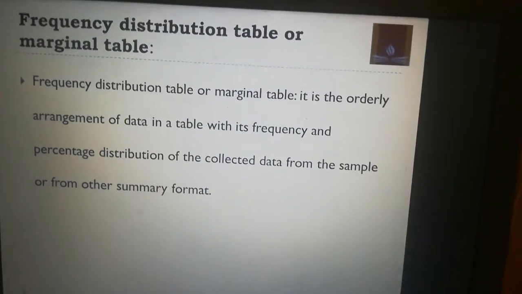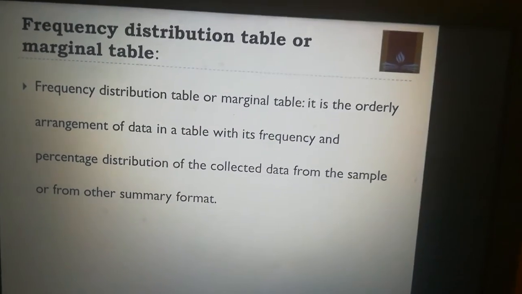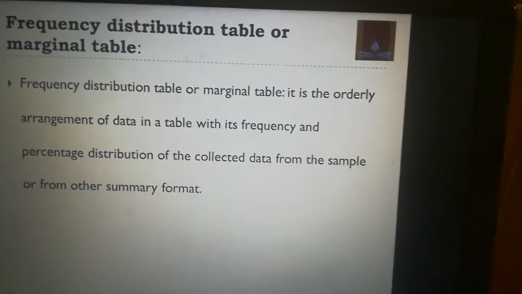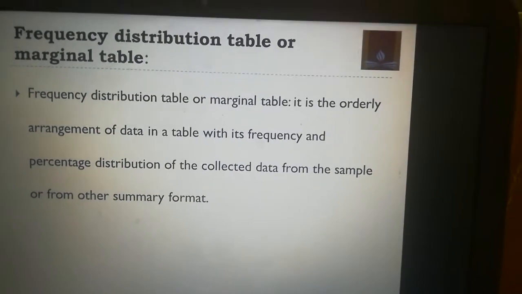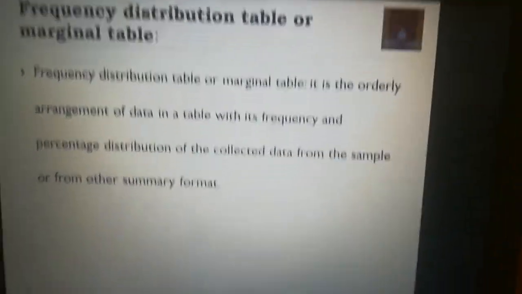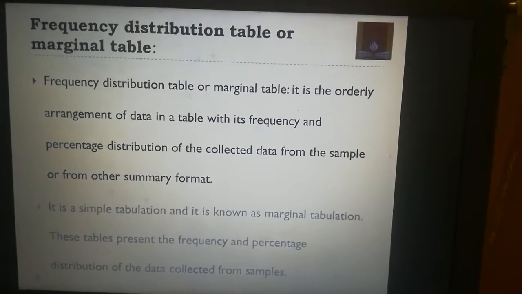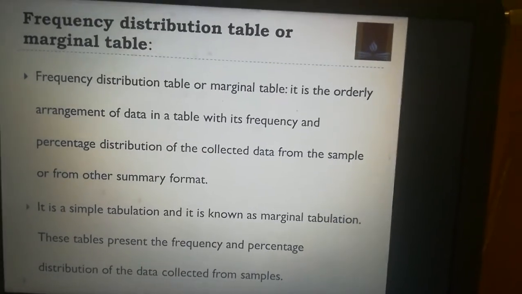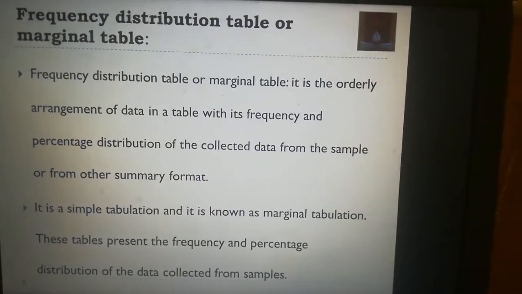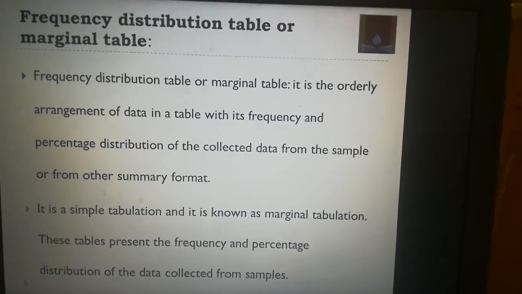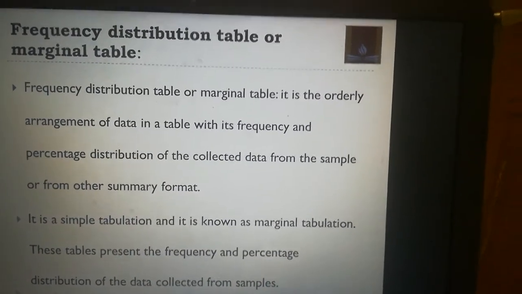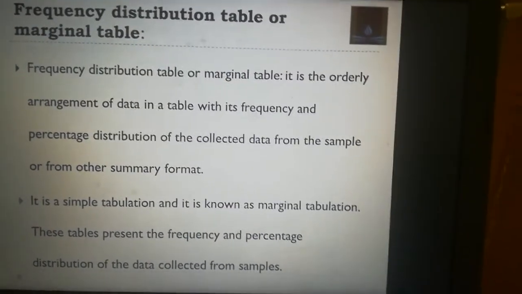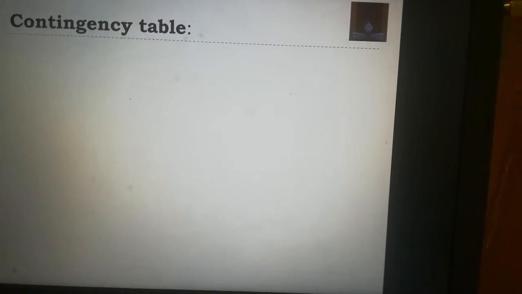It is nothing else but an orderly arrangement of data in a table with its frequency and the percentage distribution of the collected data from a sample or from the summary format. It's simple tabulation, so it is otherwise known as the marginal tabulation or marginal table. And here the table represents its frequency and the percentage distribution out of the collected data.